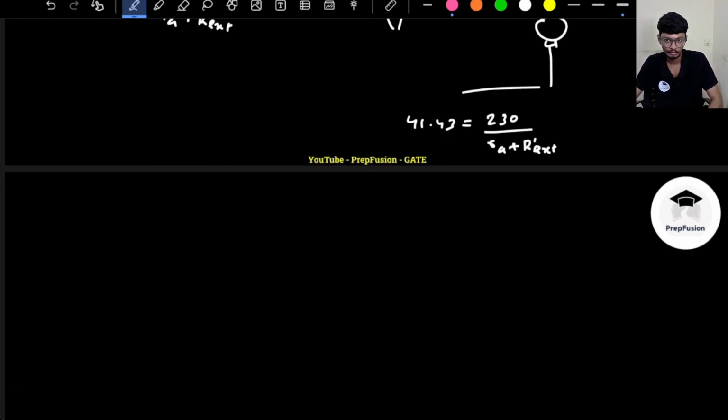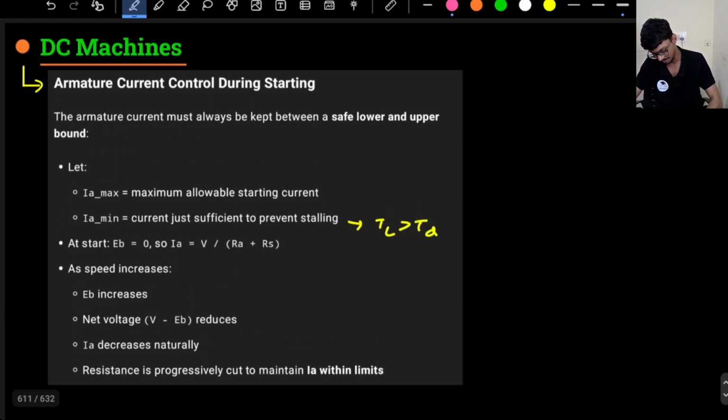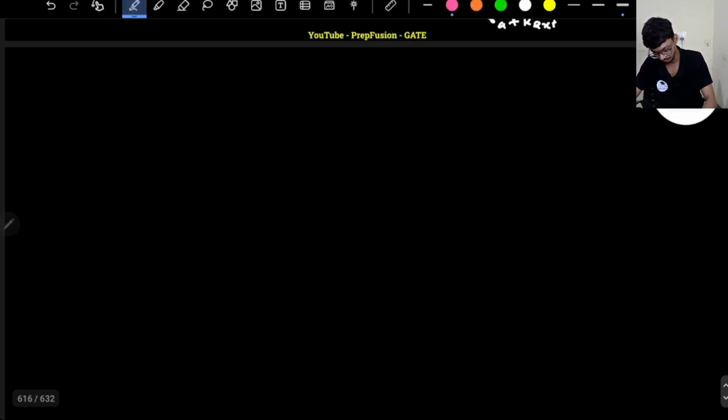Actually what we do, as I told you, is limit our current between two values, IA maximum and IA minimum. So if I draw the circuit of the starter, it goes on till the last point here.